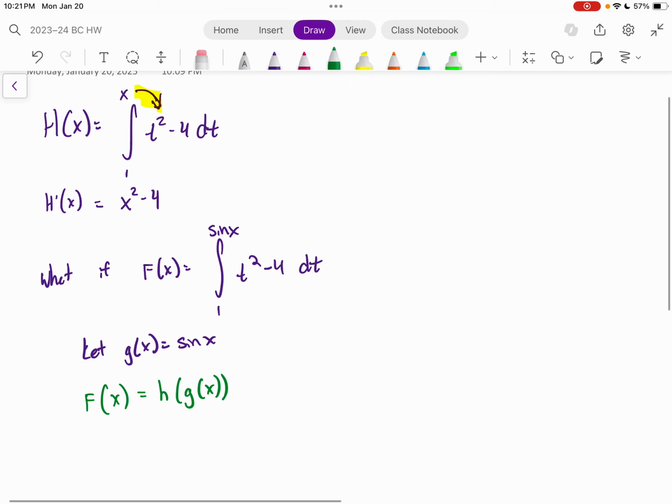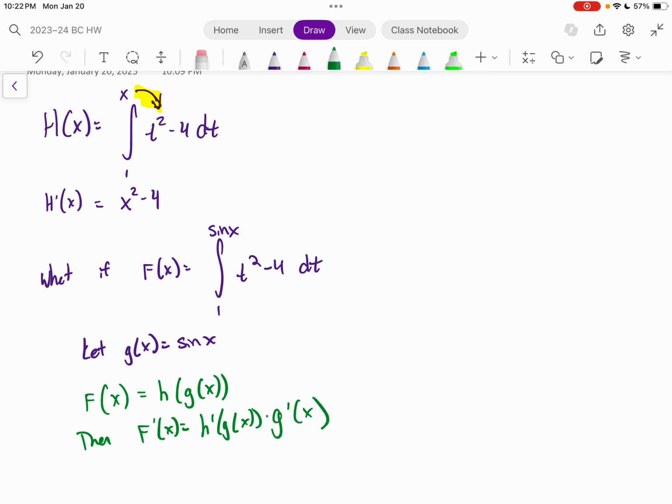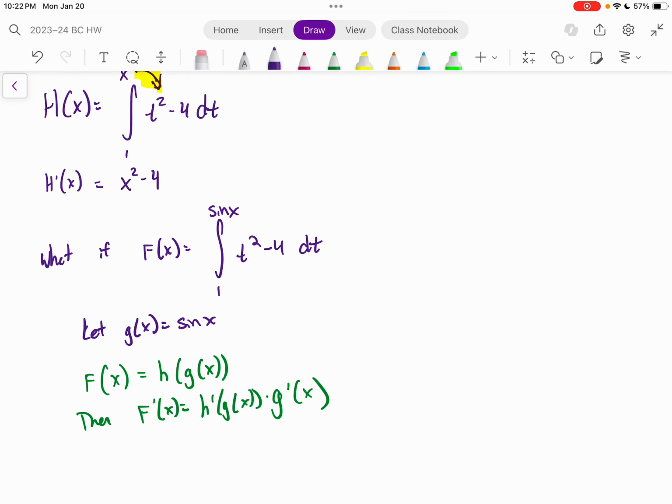So if that's the case, then f prime of x is just h prime of g of x times g prime of x, which just makes sense from the chain rule. So in this case, f prime of x would be equal to, well, what's h prime? We said h prime is x squared minus 4, but we're plugging in g of x, which is sine x.